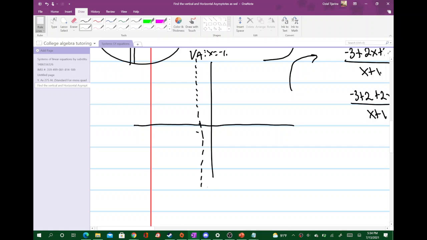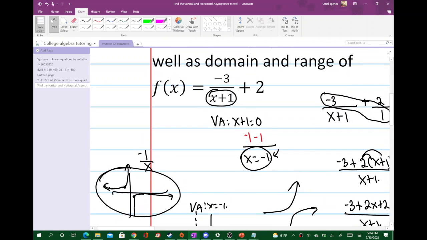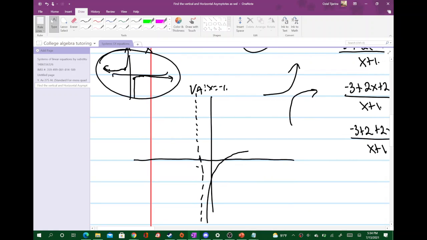Now it's going to go up from the left, and the horizontal asymptote we said was y equals 2, so it'll be about right here. Maybe I can color code this very quickly.